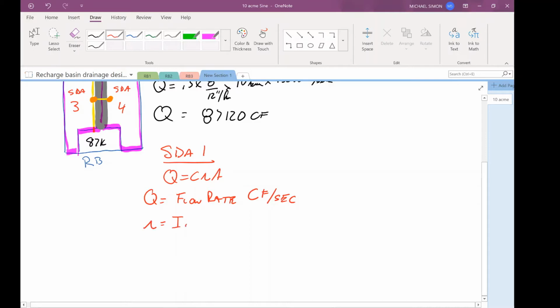It's how fast the water travels, the volume per second. I is your intensity. Before it was in feet, now we do it in terms of inches per hour. And your A is your area, but it's no longer in square feet. Now it's in acres. Oh boy.